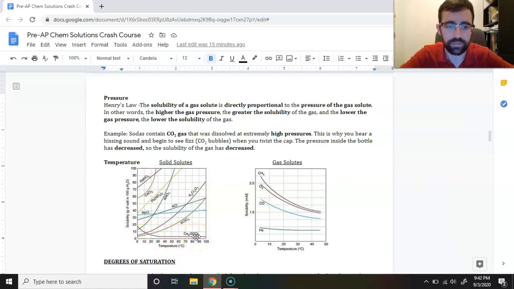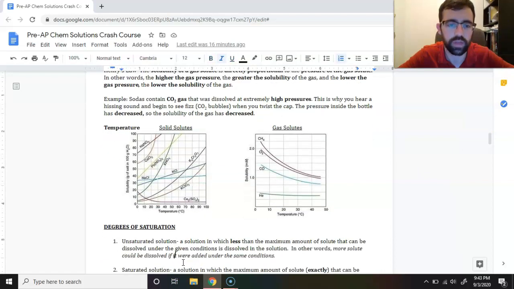There's one exception. Now, gas solutes, they are the opposite. As temperature increases, the solubility is decreasing. That's why we have a downward slope. It's an inverse relationship between temperature and solubility. So know that solid solutes become more soluble with higher temperatures. Gas solutes become less soluble with higher temperatures.